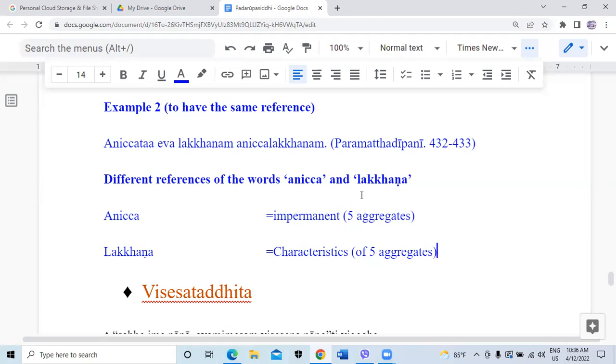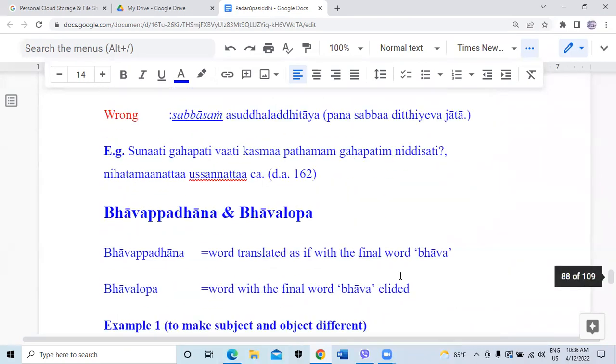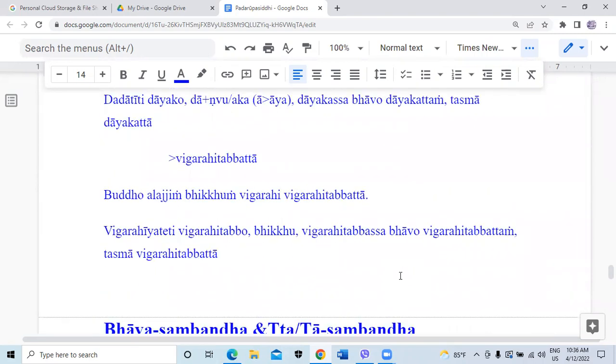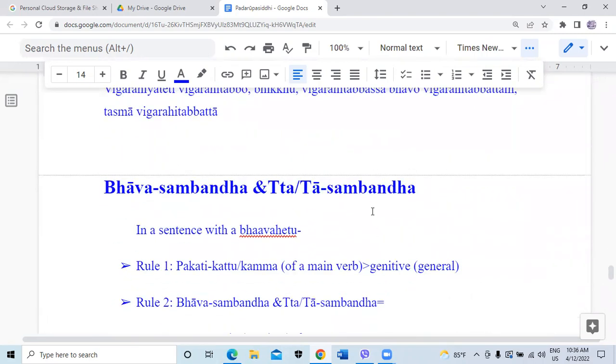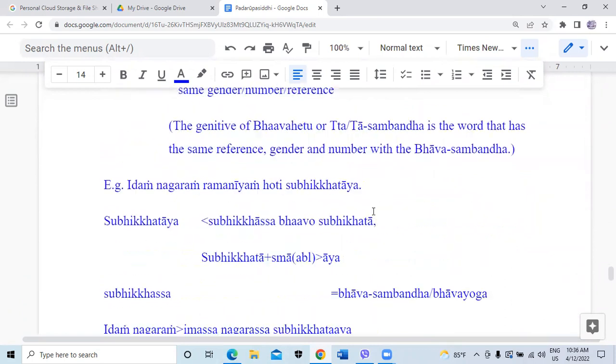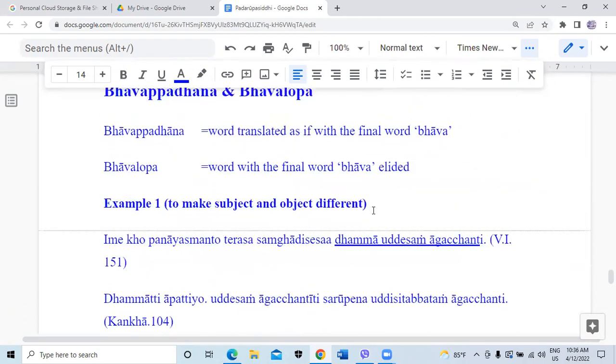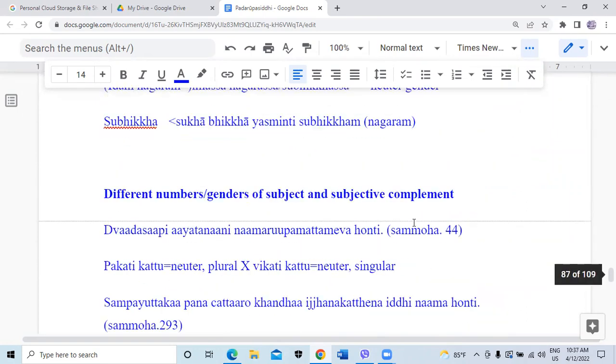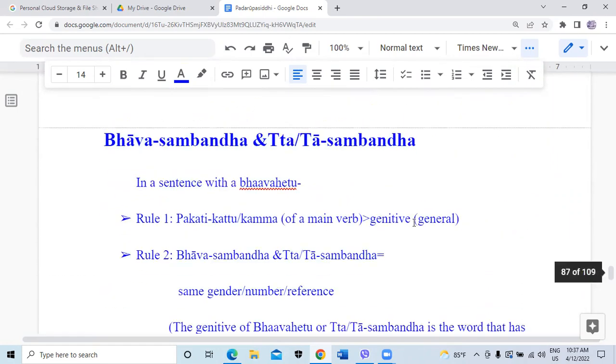Okay. Yeah, it's 10:36 now. Yes. Okay. Today we discussed Bhava Sambandha, Tada Sambandha only, right? And then Bhavrana Bhavalopa, two topics. Out of these 2 topics, Bhava Sambandha, Tada Sambandha is very important, very important.